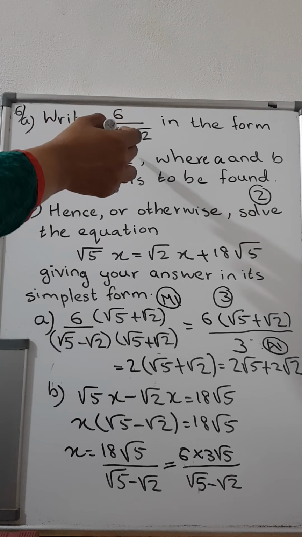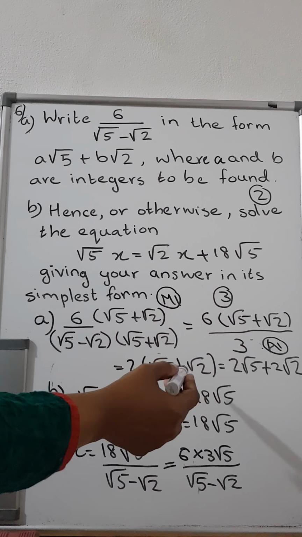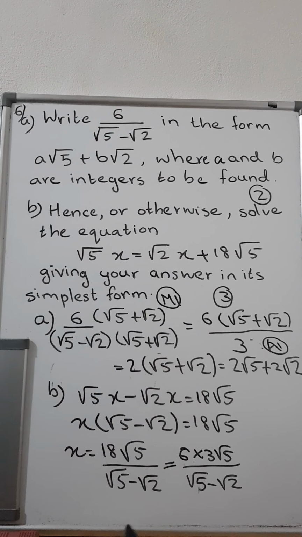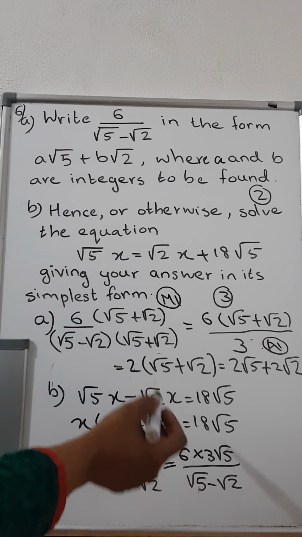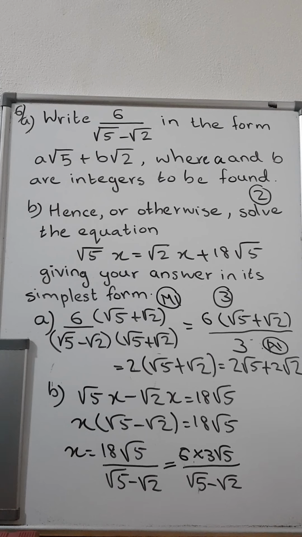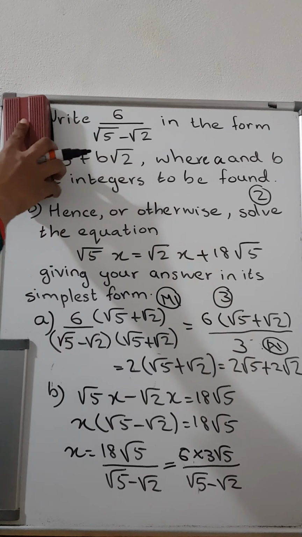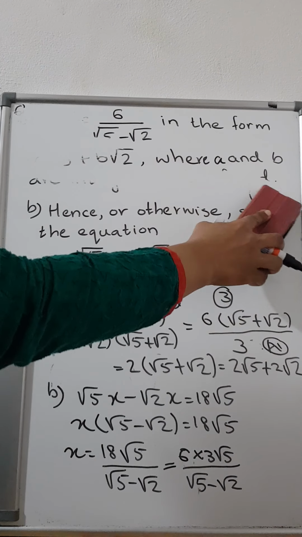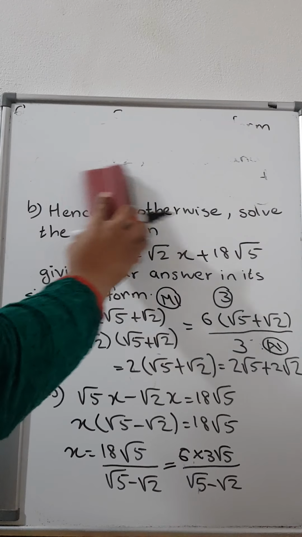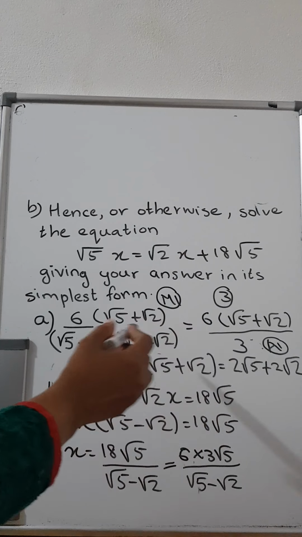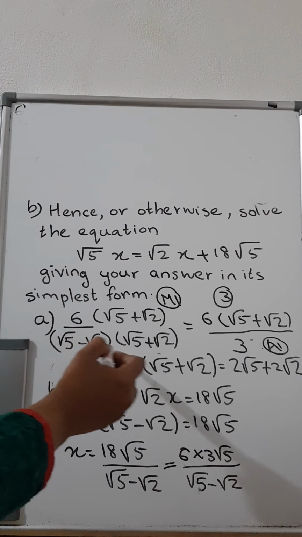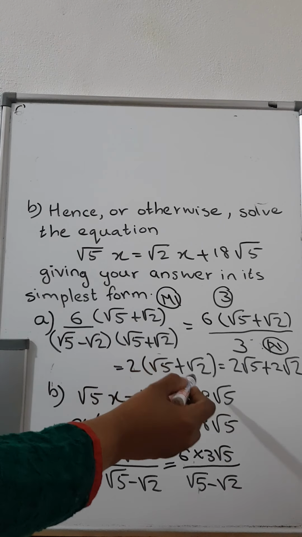Now you see, 6 divided by root 5 minus root 2 is how much? 2 times root 5 plus root 2. So we can rewrite it. Let me erase this part. We can see here 6 divided by root 5 minus root 2 is 2 times root 5 plus root 2.